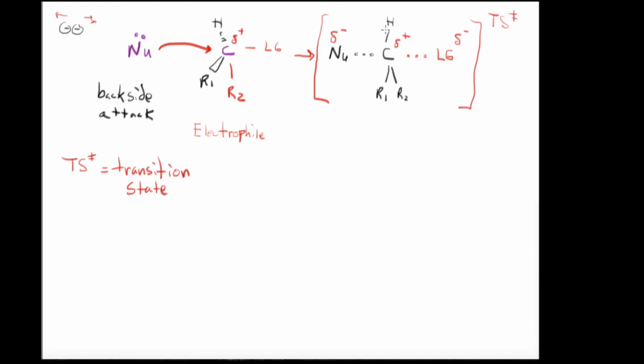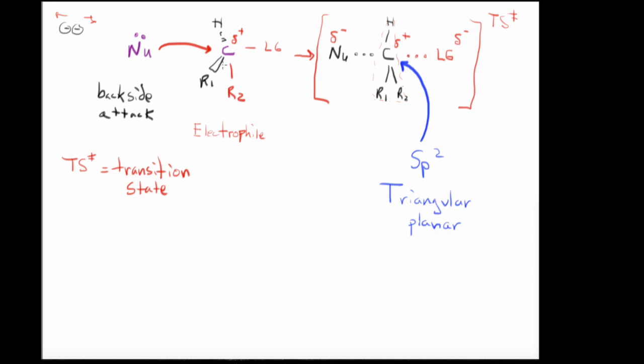What's important to realize is that in the transition state, the electrophilic carbon is sp2 hybridized. It is trigonal planar. All right.